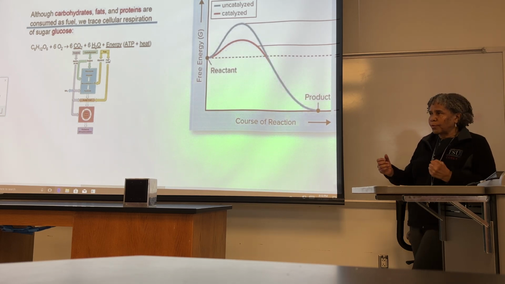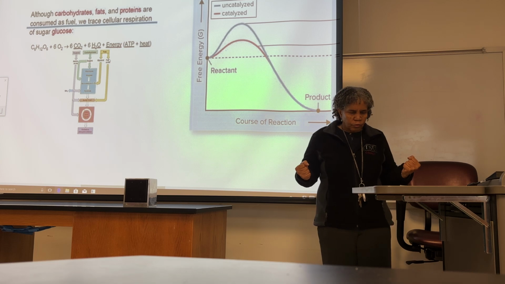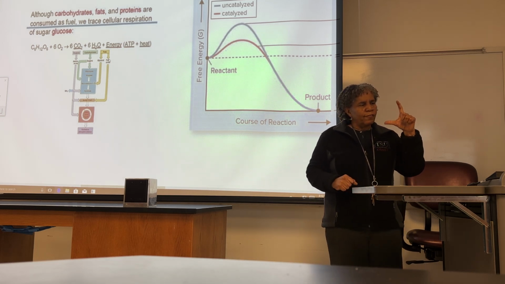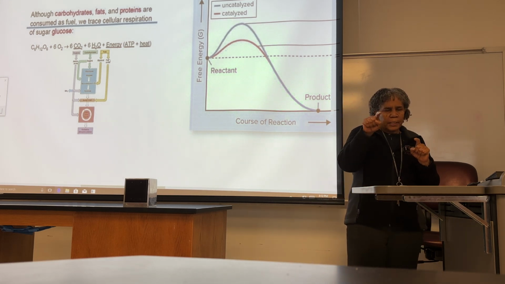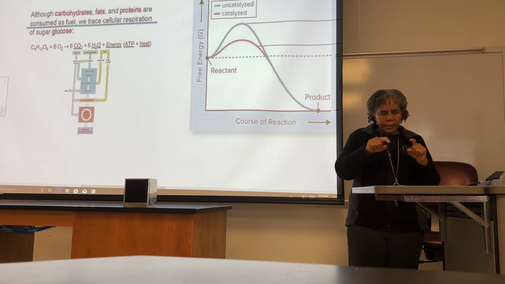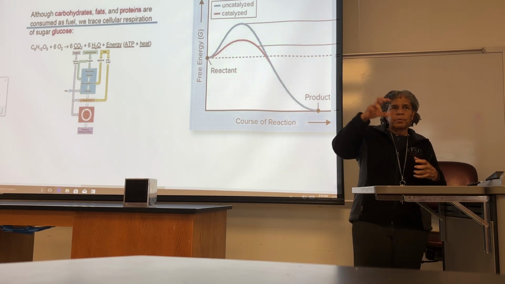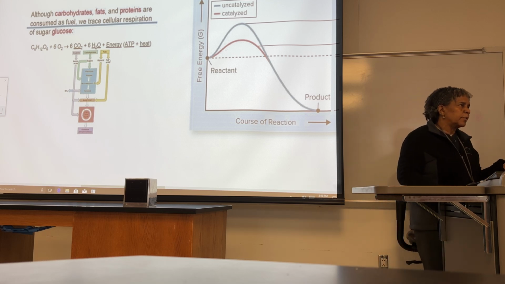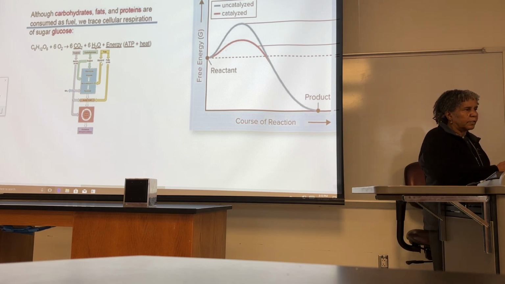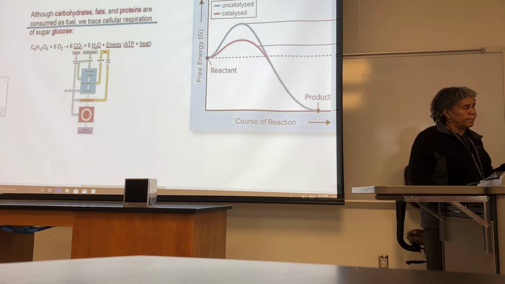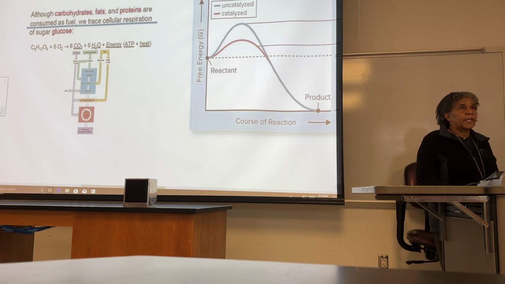The fats are broken up to glycerol and fatty acids, because the backbone of fats is made up of individual fatty acids and glycerol. And then those get input into the cycle. And of course, you get more energy from fats.